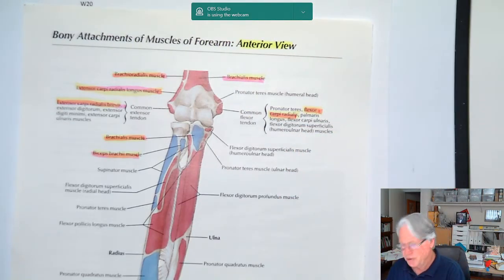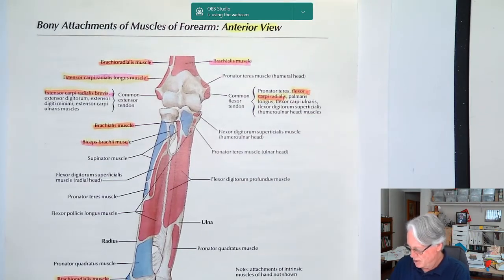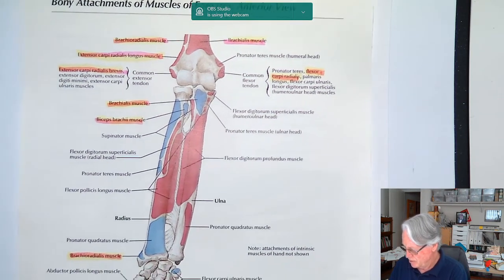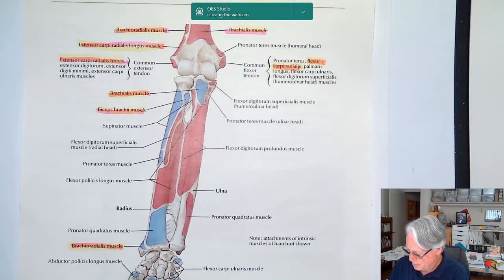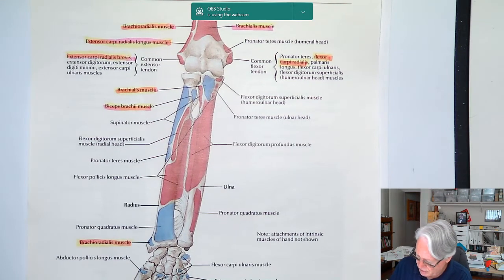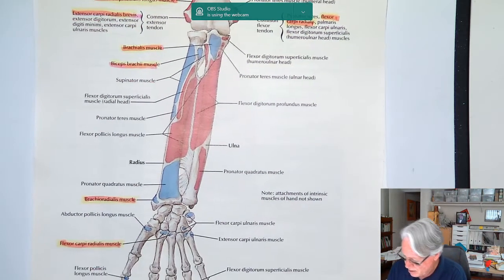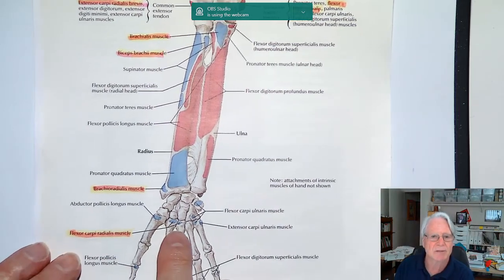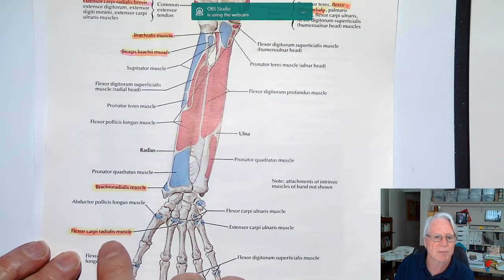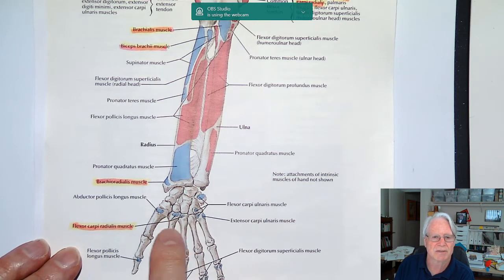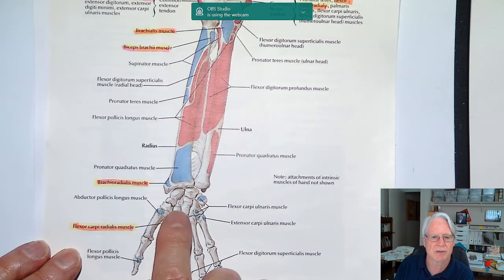And then insertion is, so we need the anterior. Yeah, we need the anterior. This is anterior. Okay, so here we are, right there. Flexor carpi radialis. Okay, so that's our anterior. And that's metacarpal 2 and 3.